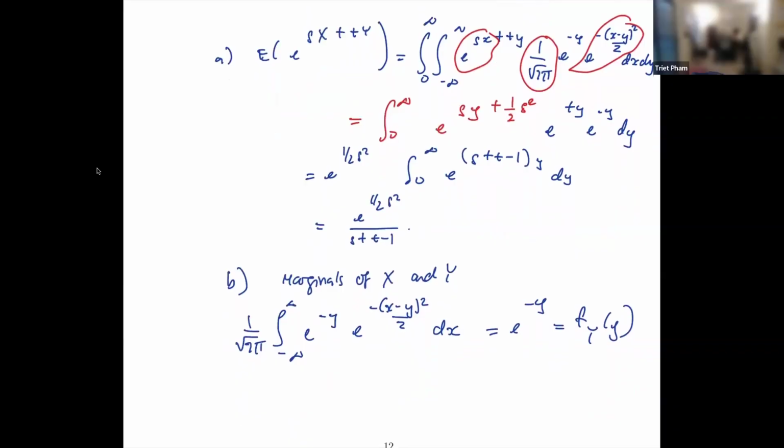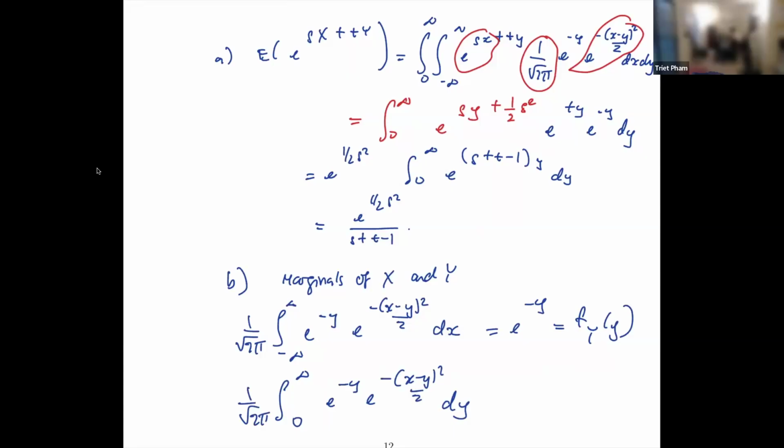Okay, now that seems easy, but what happens if we integrate the y out? Now y goes from 0 to infinity. How will we integrate this to get the density of x?